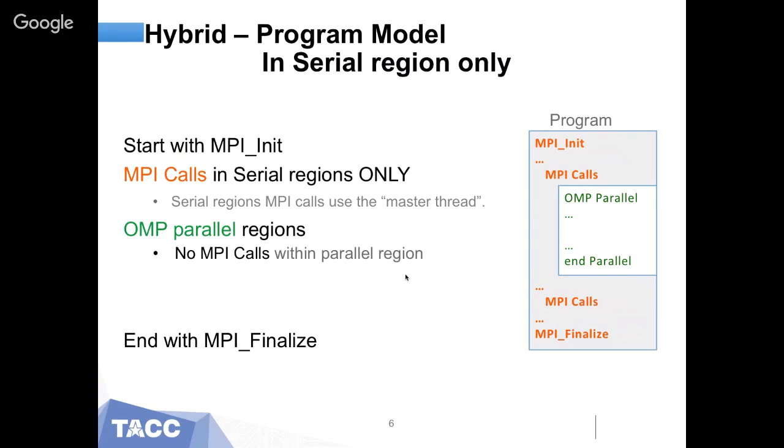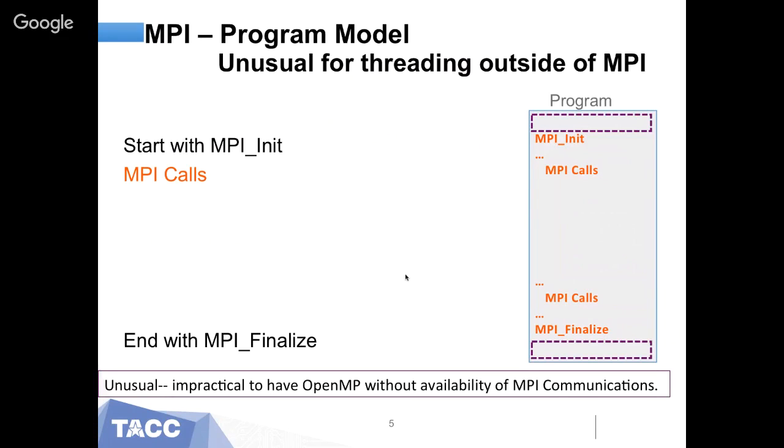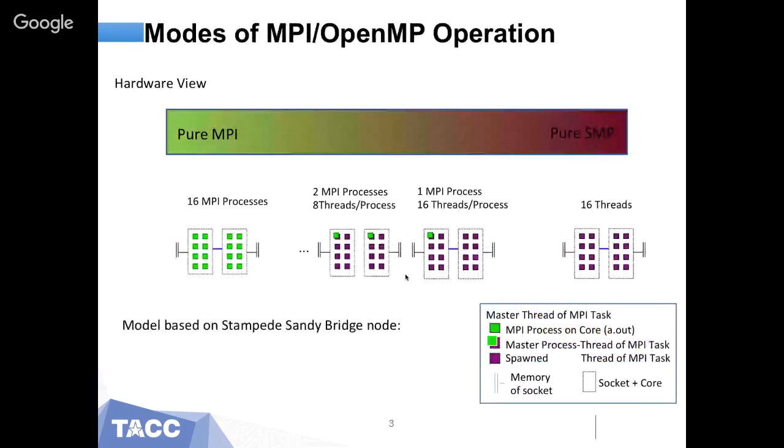Okay, so what that means is, if I have 16 cores on a node, and I have one MPI process, I want to be able to spawn 16 threads, so I set my OpenMP number of threads to 16.